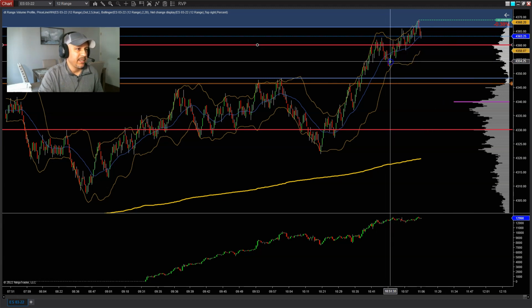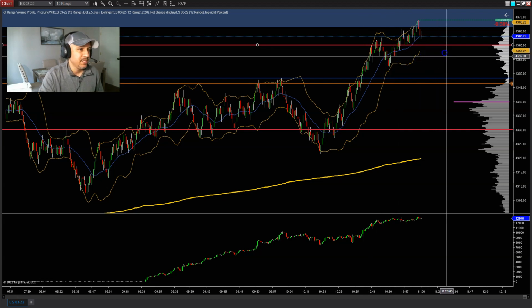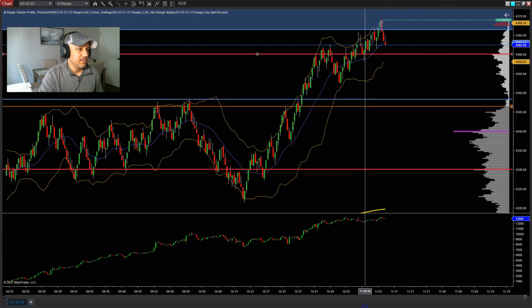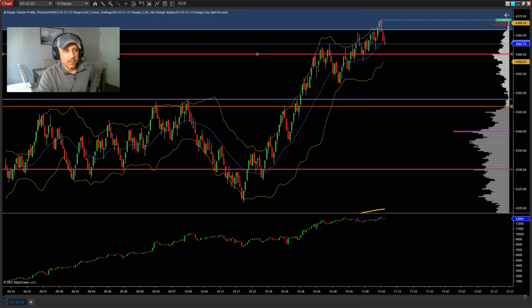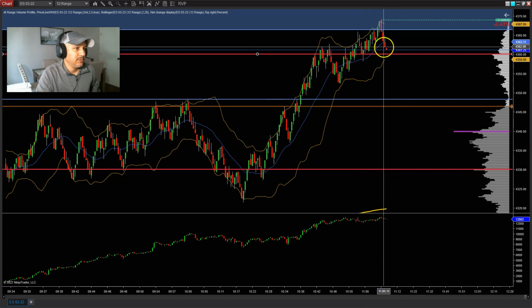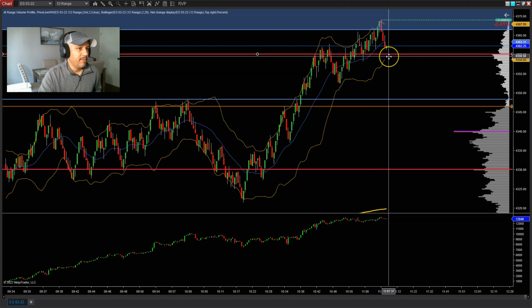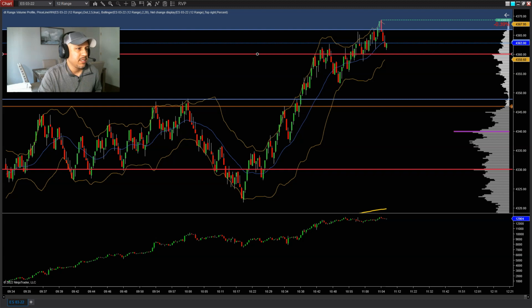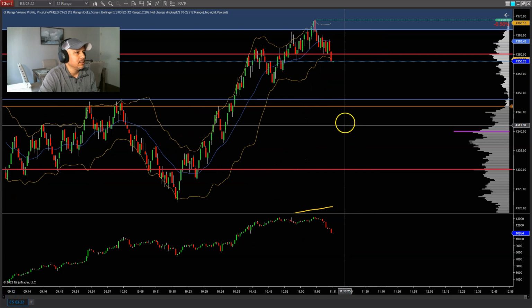But price could actually come back down to this area here, so let's be careful and see. We're just basically looking for a rejection is all I'm doing. Once price comes back below, so now it's moving back below, we could get a rejection here and price pop back up to the upside here. Let's see what happens.